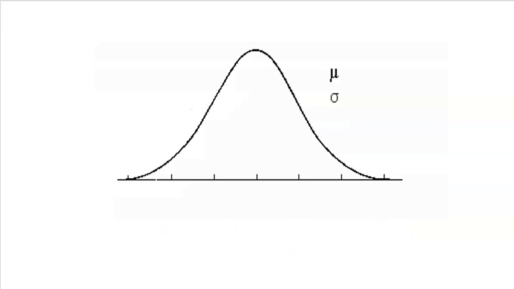So let's talk a little bit more specifically about what I said earlier, the fact that it is entirely created by your mean and your standard deviation, right? So your mean is right smack dab in the middle. So we kind of center that at 0, right? Because if we measure things in terms of how far it is from the mean, well, the mean is 0 from the mean. And then we go up 1 standard deviation and down 1 standard deviation.